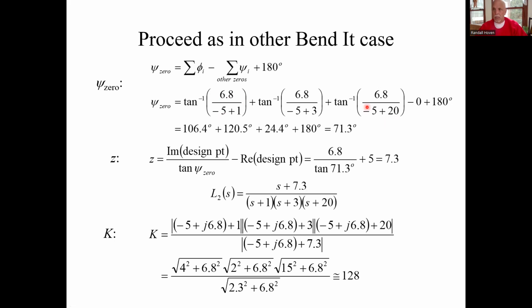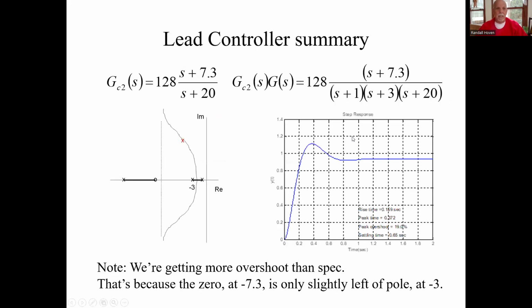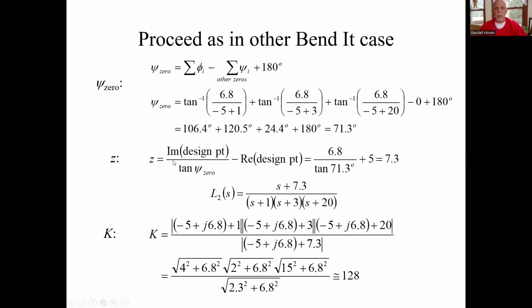Do your inverse tangent calculations correctly using your calculator. Add your 180 degrees, and you come up with a number, 71.3 degrees. What is that? That's going to be the angle from this 0 to that design point, 71.3 degrees.